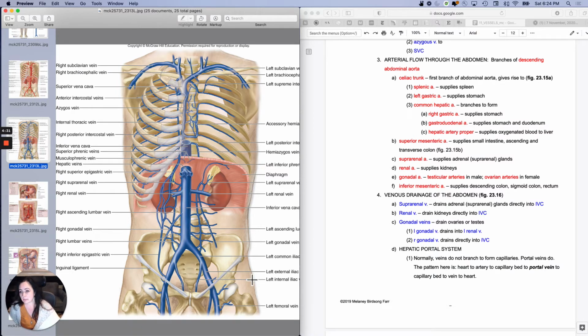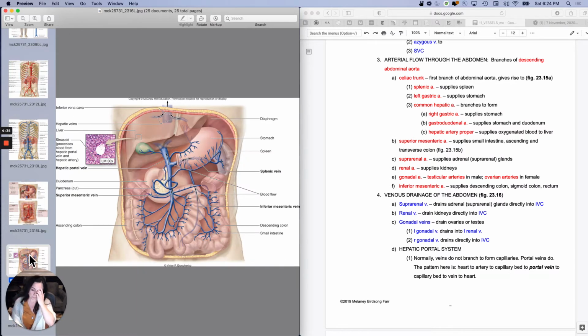So generally speaking, circulation patterns don't go heart, arteries, arterioles, capillaries, venules, veins, heart, right? In this situation, you're going heart, arteries, arterioles, capillary, a portal vessel that goes between two capillary beds, and then a second set of capillaries.